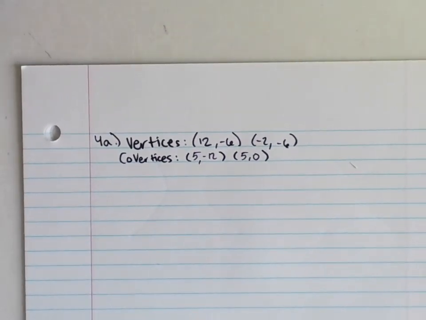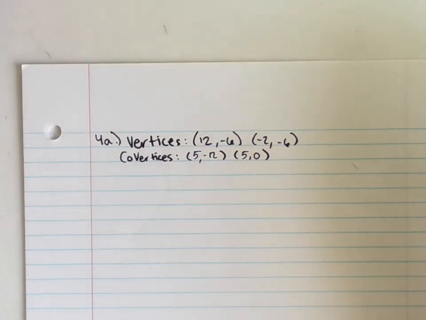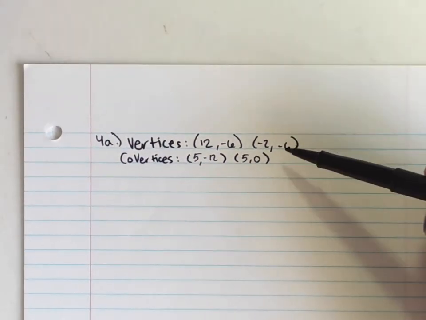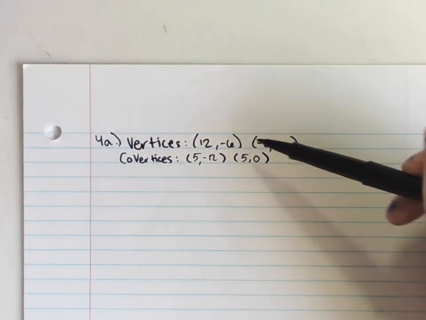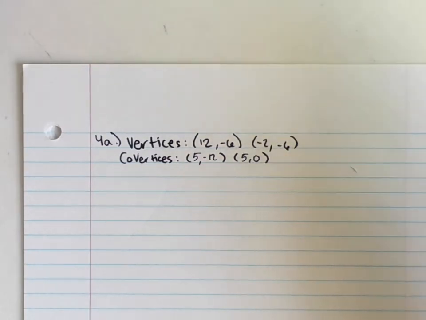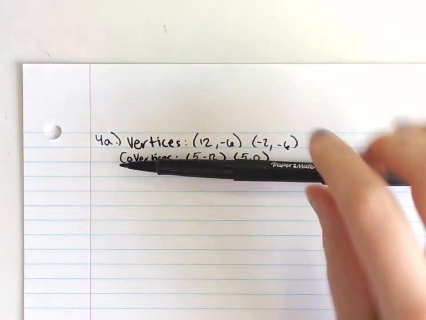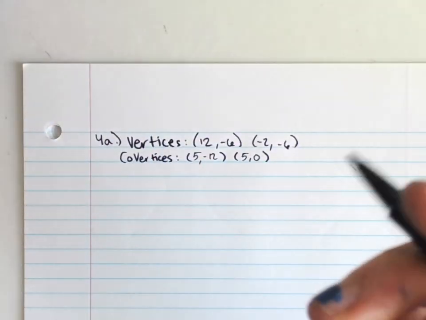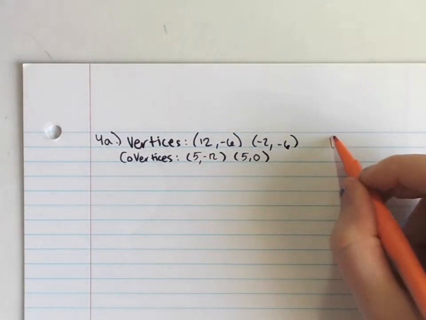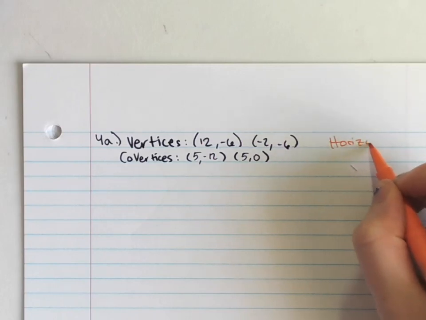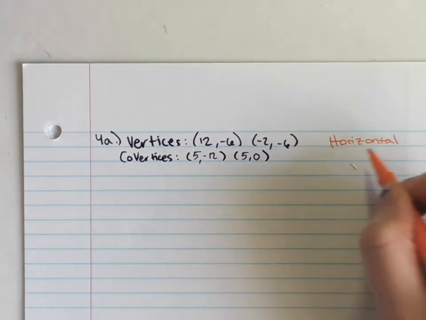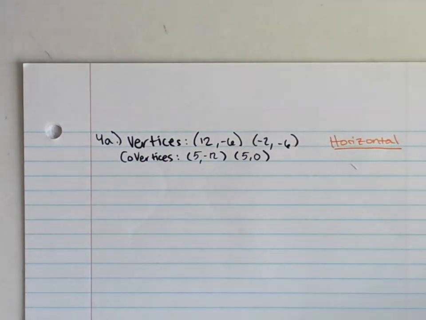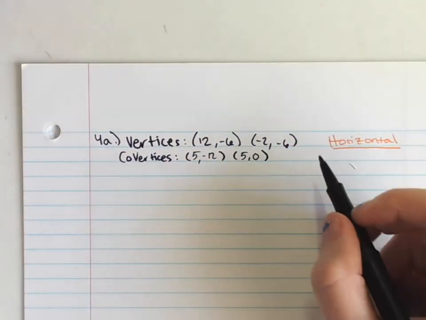All right, so let's figure out if it's vertical or horizontal. In these ones, the y values didn't change, but the x values did. So if the y value is the same and the x's are differing, that's going to be a horizontal hyperbola. Now let's find the center by doing the midpoint formula.